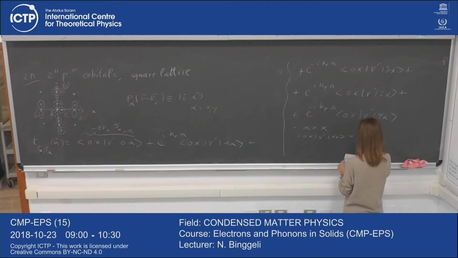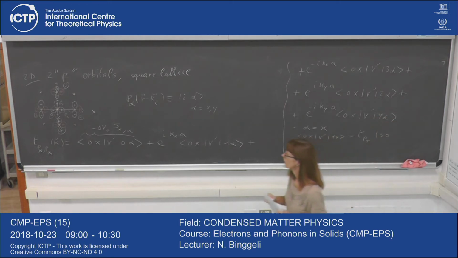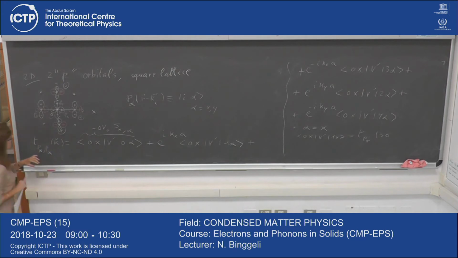I will call it T p sigma. And I know that it's going to be positive because here I will have a negative crystal field potential, and I will have an integration over an orbital positive that will multiply an orbital which is negative in the region where they have a significant overlap. So overall, I will have something negative from this product times the negative potential. It's going to give me something positive.